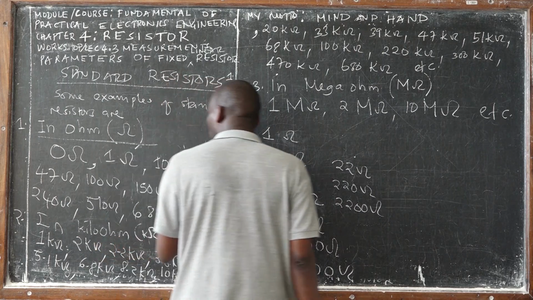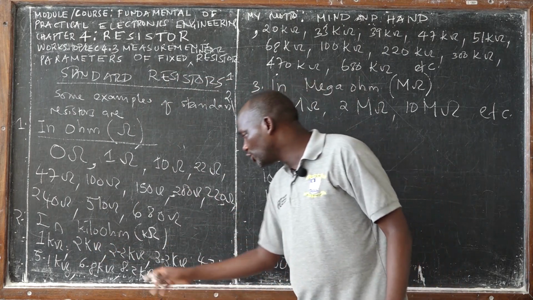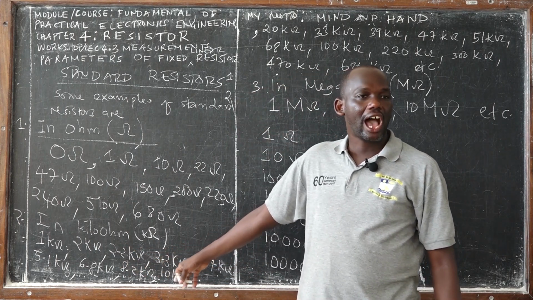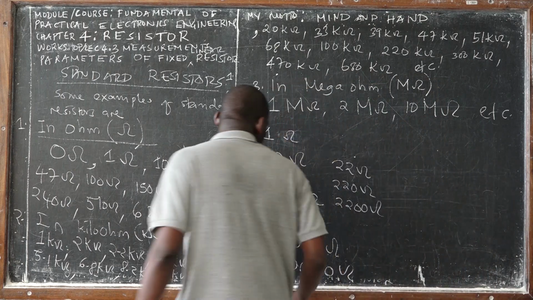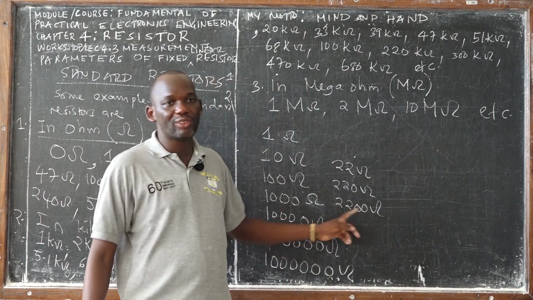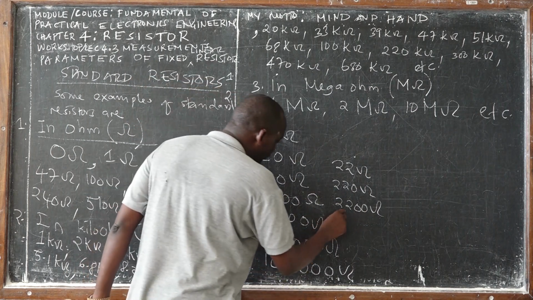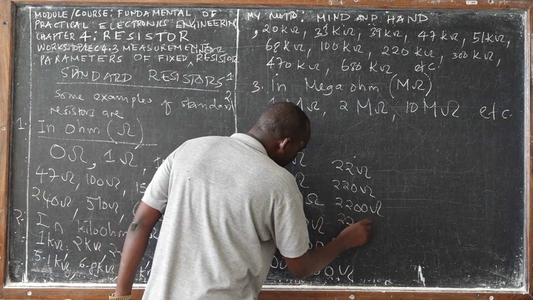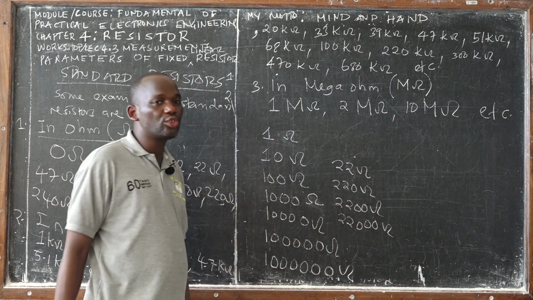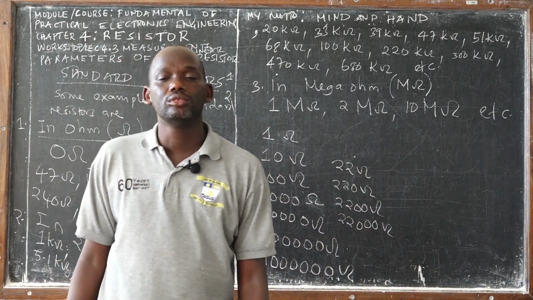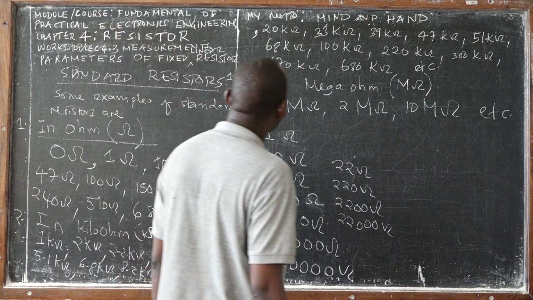We came with 22. From 22, we added 220. We added 2.2K, which is 2,200 ohms, right? After that we have to add another 0. If you add another 0, we are going to have 22,000 ohms. 22,000 ohms is equal to how many kilo ohm? 22 kilo ohm.